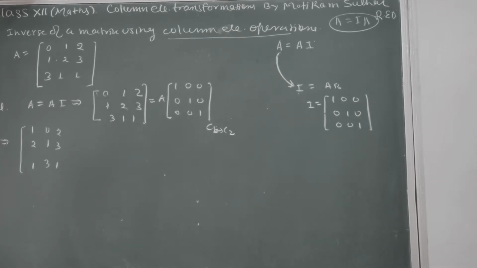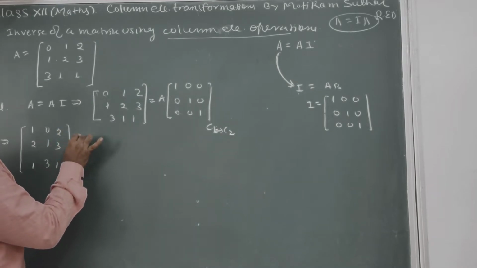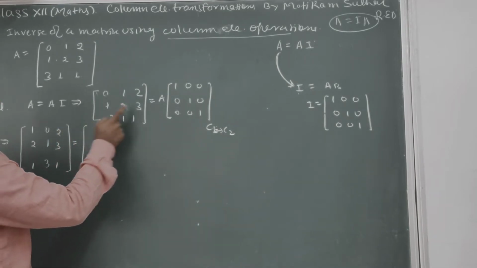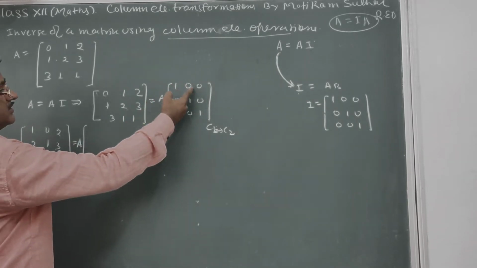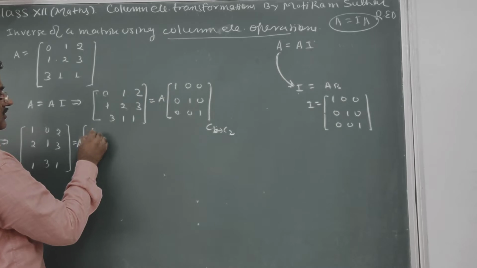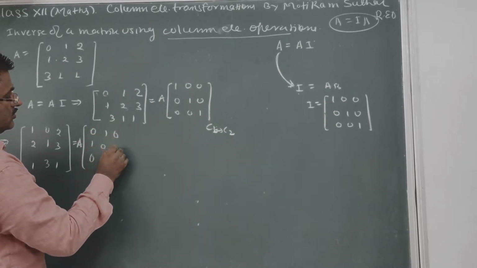So this is the step for the second. Now similarly we can write C3 as C3 minus twice of C1. On the right-hand side the same rule applies. So what you did on the left, the same on the right with the identity. Now this column will change. Second converts into first: 0 1 0, 1 0 0, 0 0 1.